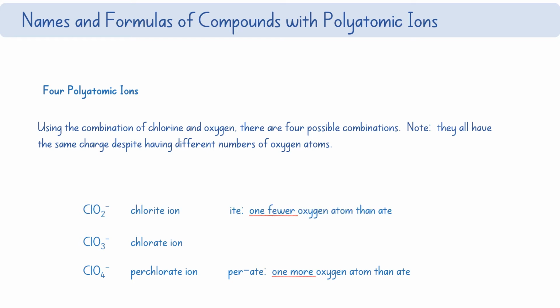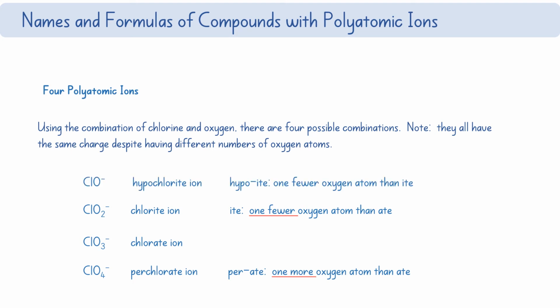Then we can have ClO2 minus, which has an ITE ending, which indicates there is one fewer oxygen atom than ATE. So remember, ATE was 3, ITE is 2.